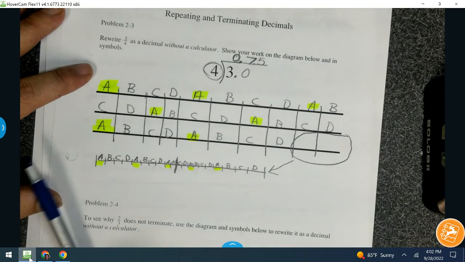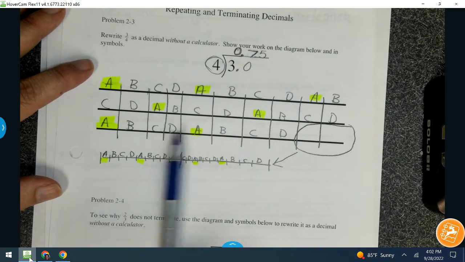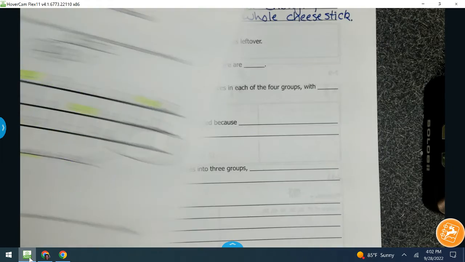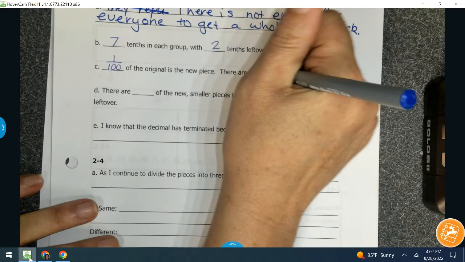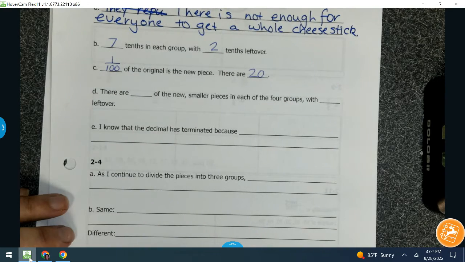So how many in total are there right here? How many total little itty bitty hundredths is there right here? Hopefully you said that there are 20 of those hundredths.